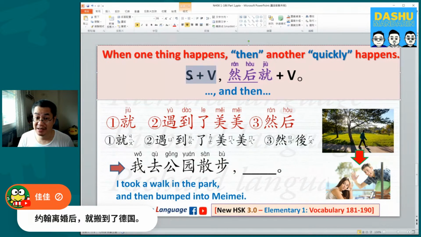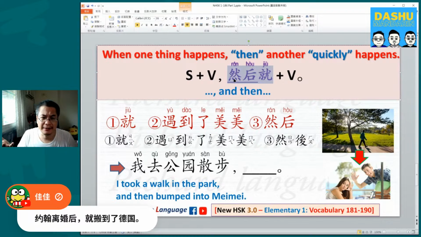It's the same concept: one thing, another thing, connected one after another. Sentence, 然后就. This is a really common structure in spoken Chinese. 然后就, and then. You can remember it, read it many times, and memorize it.